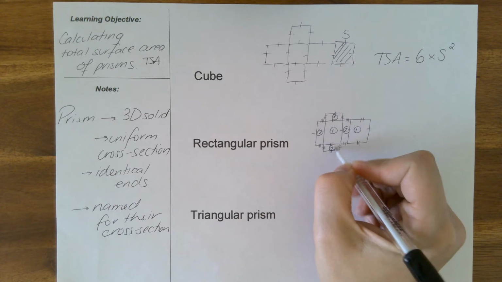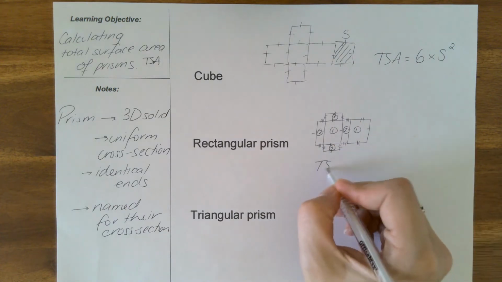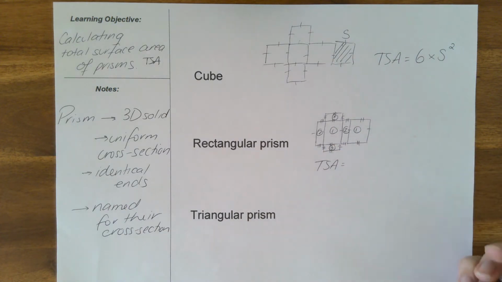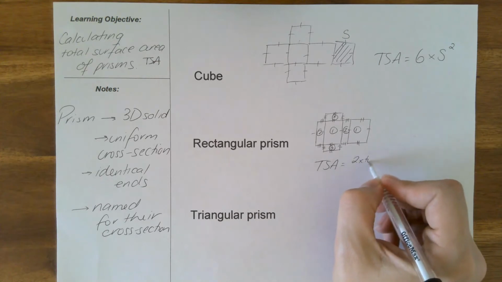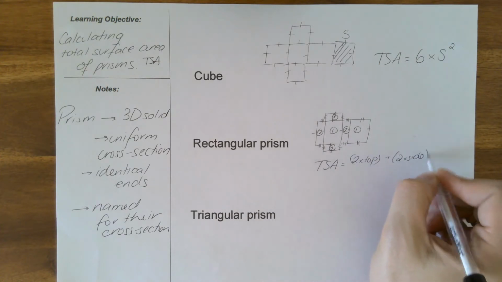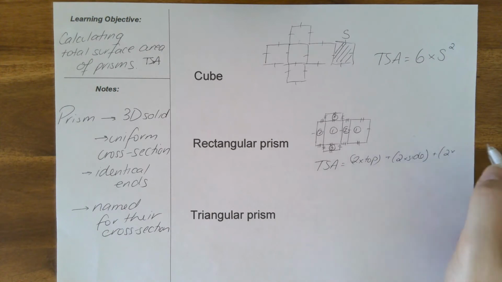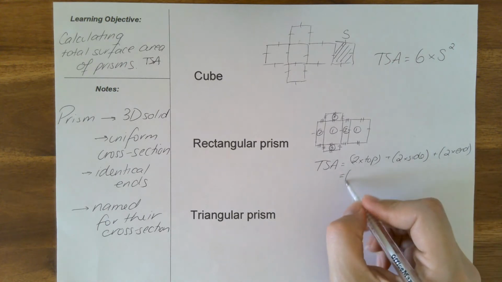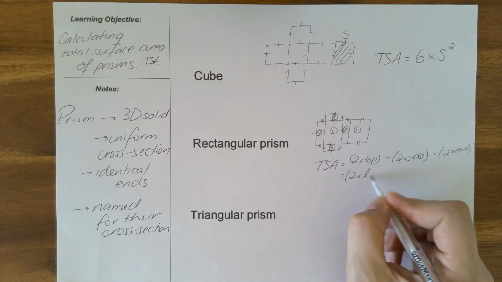We know they are all rectangles, so our total surface area is going to be, say, 2 times the top plus 2 times the side plus 2 times the, let's say, the front ends. But that doesn't help us because we need an actual rule. So let's go with 2 times length times width.